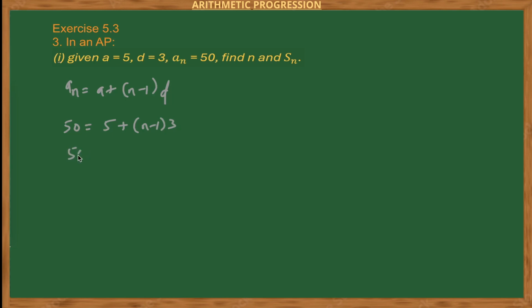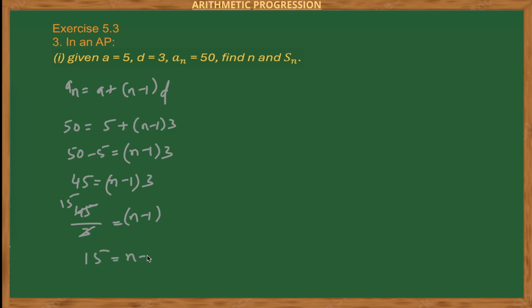So 50, bring this 5 here, minus 5, is equal to (n minus 1) into 3. 50 minus 5 is 45, equal to (n minus 1) into 3. So 45 divided by 3 is equal to n minus 1, which is 15.